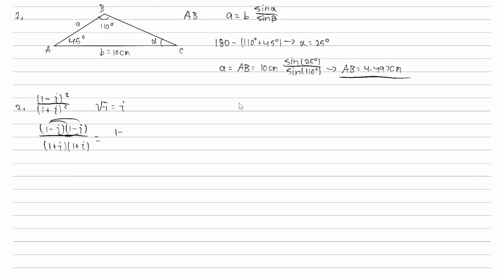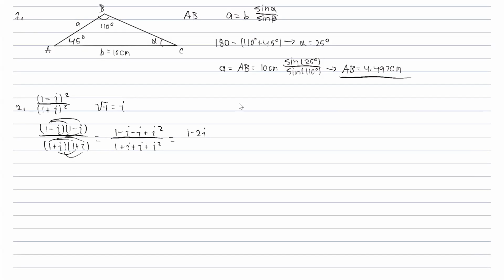Get 1 minus i plus i squared. And on the bottom, we're going to do the same thing. So we're going to get 1 plus i plus i squared.